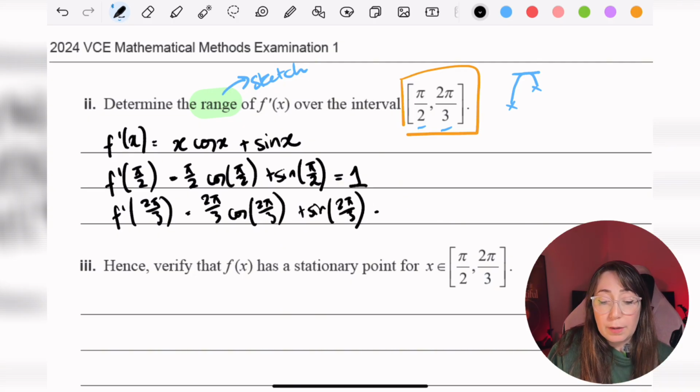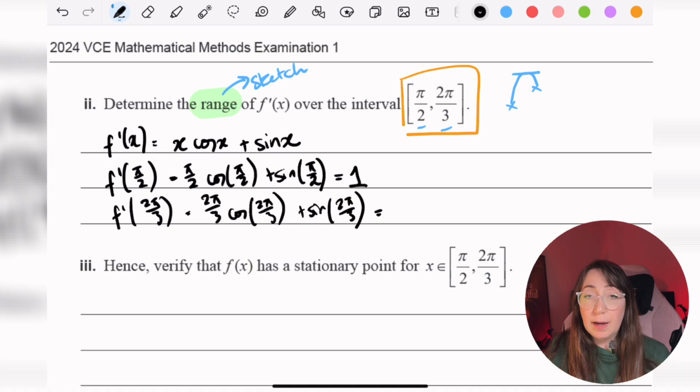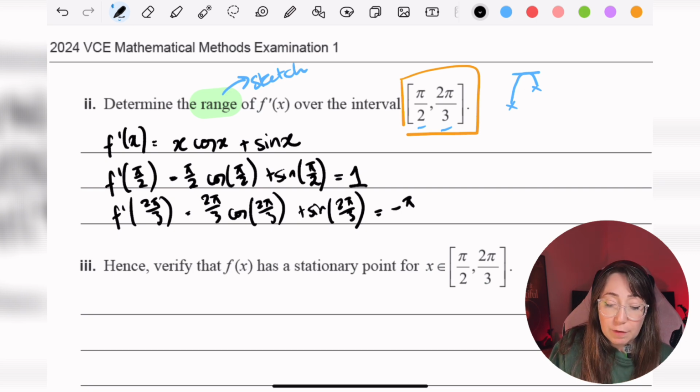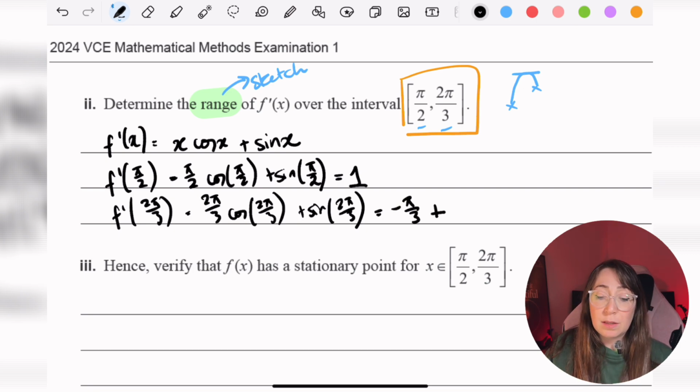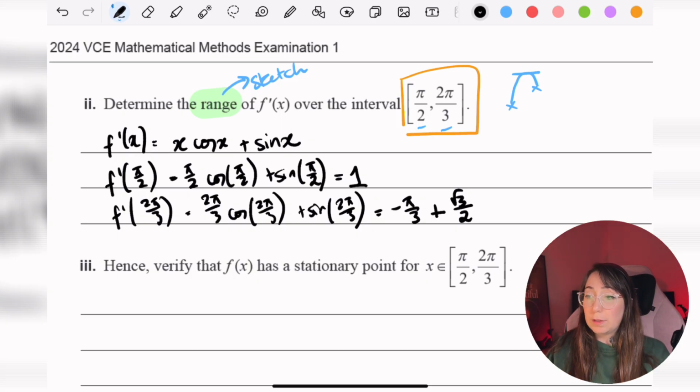Now cos 2 pi on 3 is going to be a half, but because it's in the second quadrant, it'll be negative. So we'll have 2 pi on 3 times negative a half. The 2's will cancel, so we'll end up with negative pi on 3 plus, and then sine 2 pi on 3 is root 3 on 2 in the second quadrant, so it'll stay positive. So that's root 3 on 2. So that should be our value for that.